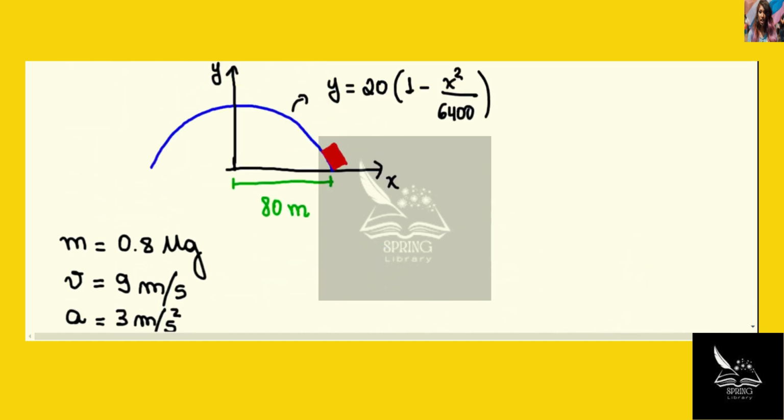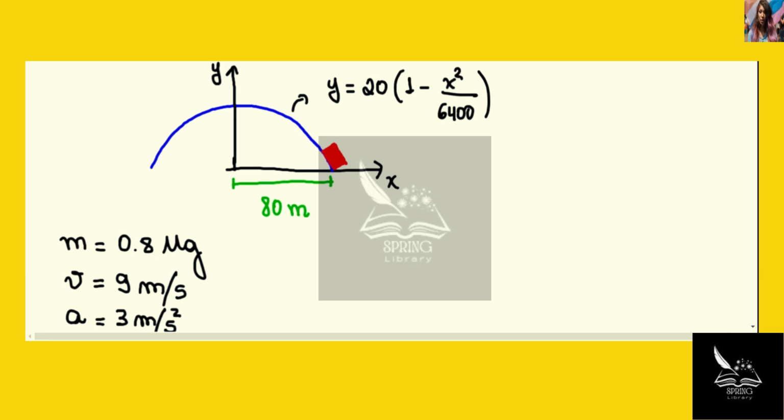What we have in the exercise is a car that is making a parabolic trajectory as shown here in the picture. Y equals 20 times 1 minus x squared divided by 6400. And at the point shown here in the figure, x equals 80 meters, the speed v of the car is 9 meters per second.